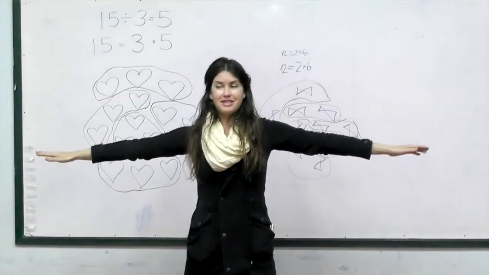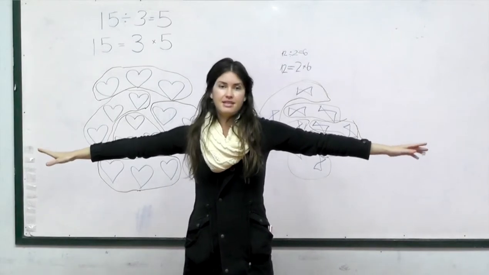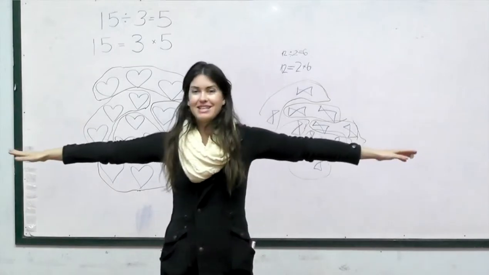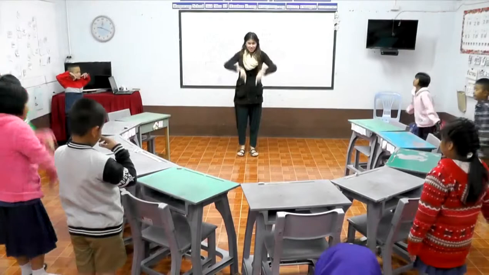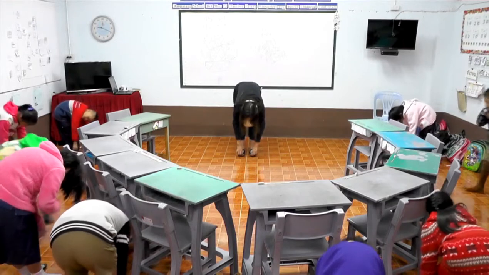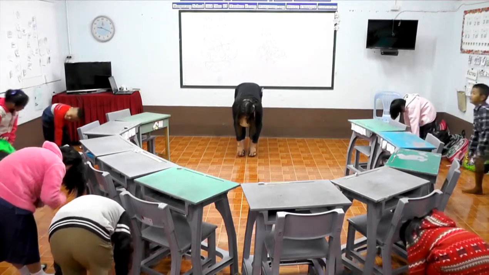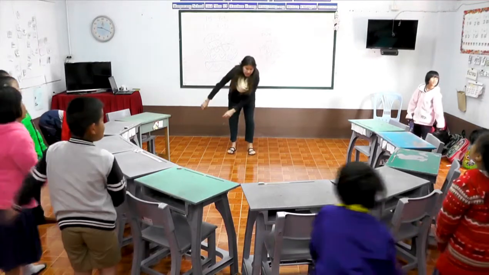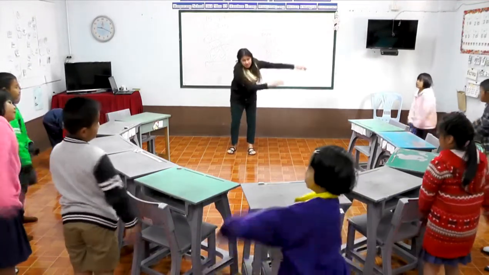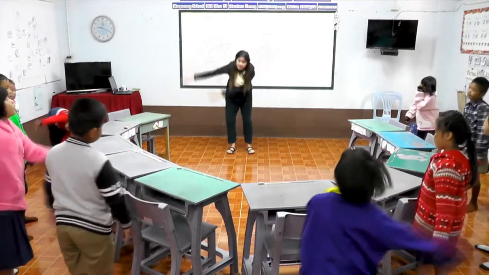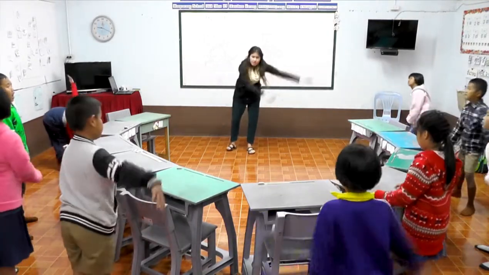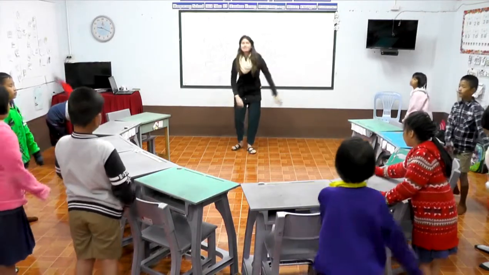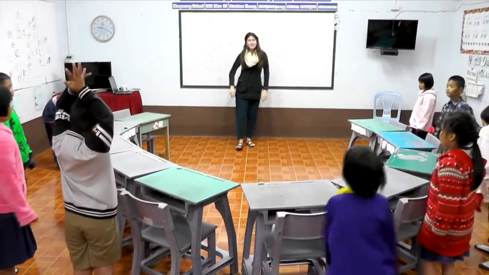Put your arms down into a T and touch your toes. Good job. Come up halfway. Swing your arms. Pretend they're so heavy. If you want to make a few monkey sounds, you can. Very nice. Okay. Stand up nice and tall.